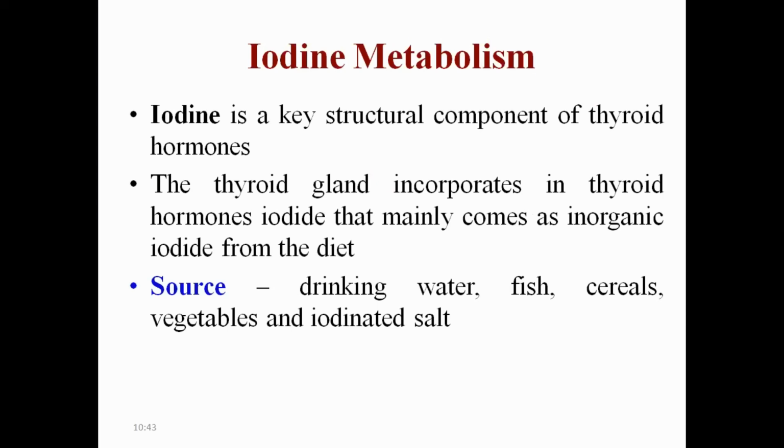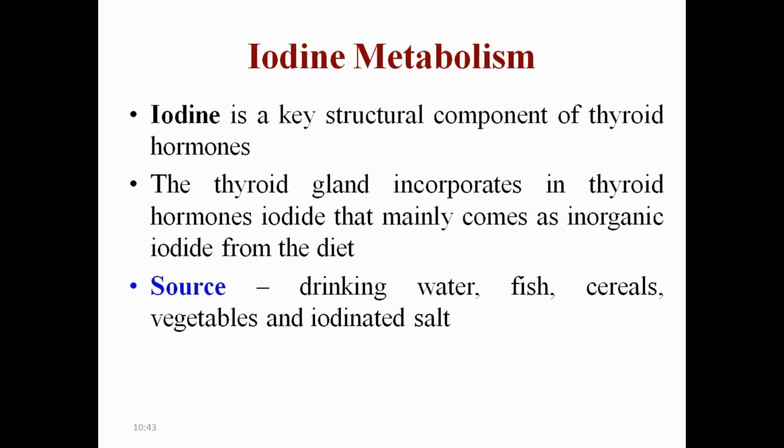In the diet, iodine is generally present in drinking water, fish, cereals, vegetables, and iodinated salt. A especially good source of iodine is seafood, and also plants and vegetables, and other plant products grown in the mountains.